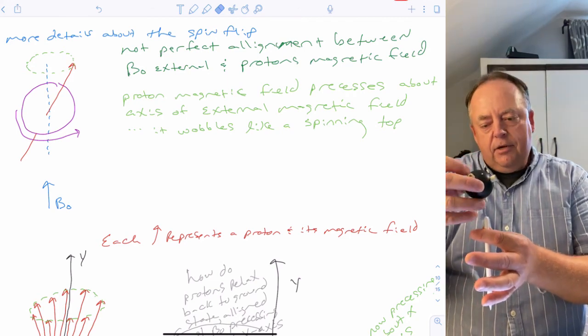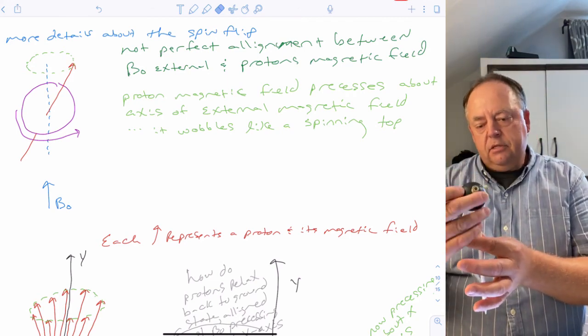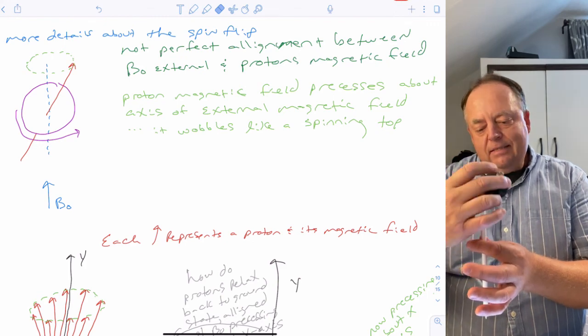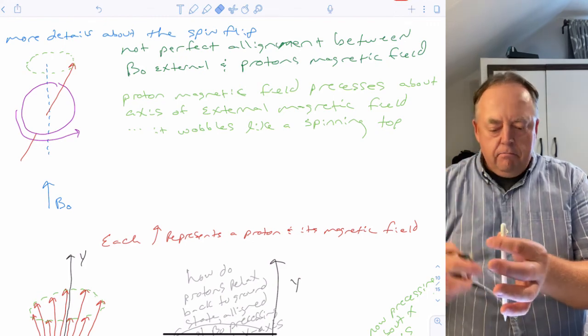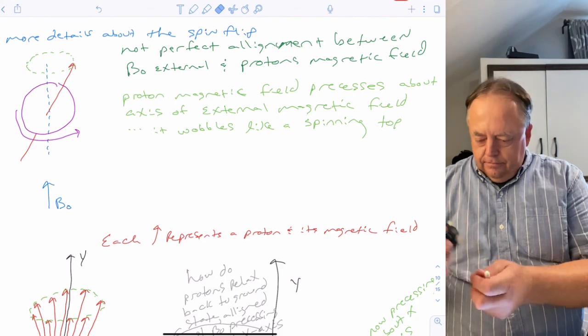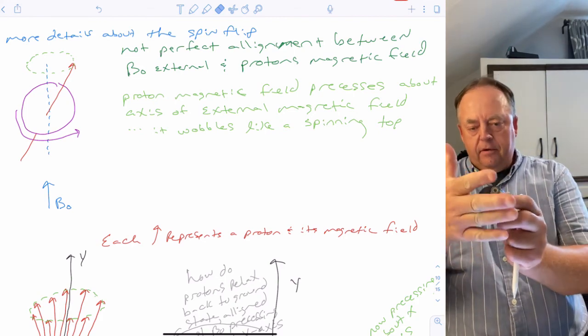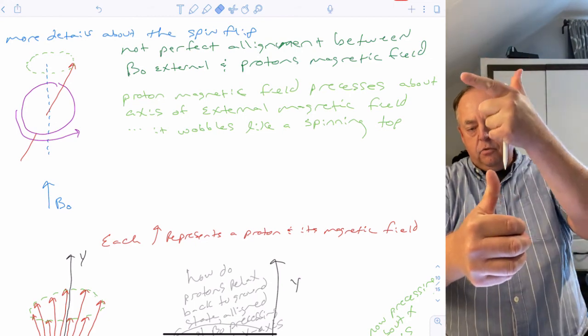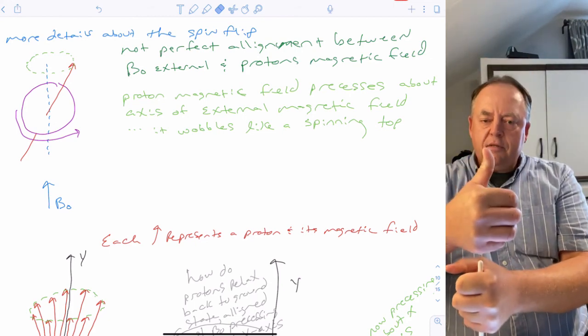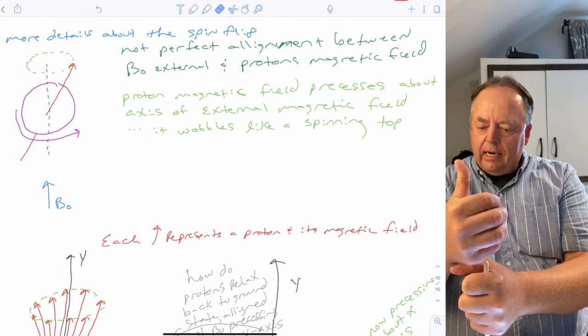It's slightly tilted, and so this proton precesses about the axis of the magnetic field, kind of like a top.